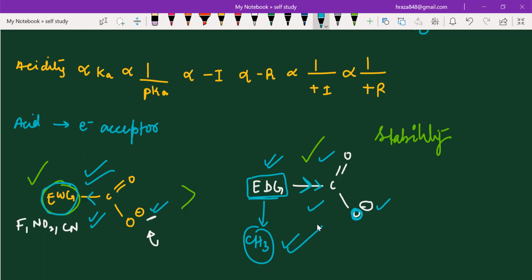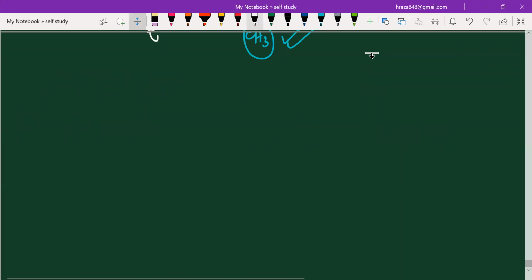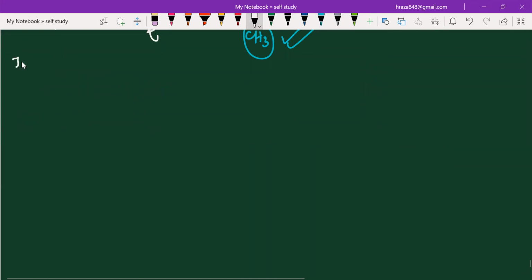Very good. So I'm going to write a series. Now, which one has more electron withdrawing power and which one has less?